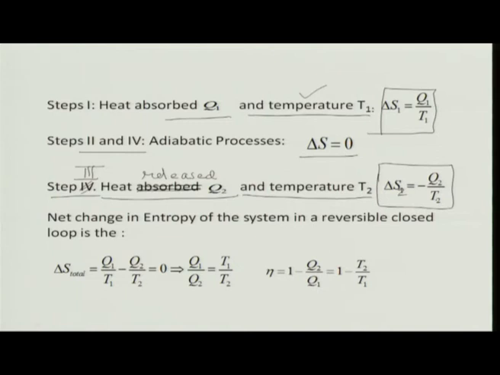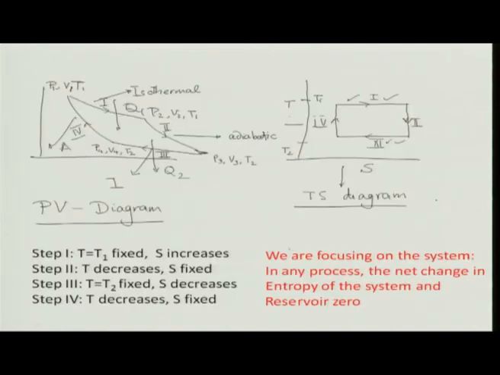Now, remember, I should tell one statement very clearly. We are focusing on the system. In any process, the net change in the entropy of the system plus reservoir is 0. That means, here entropy of the system is increasing, but reservoir is losing heat.